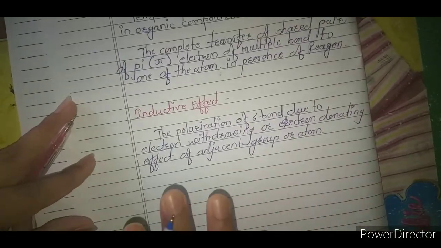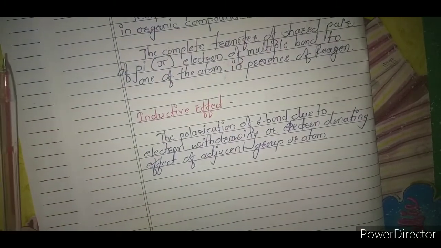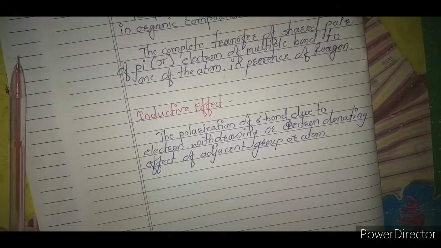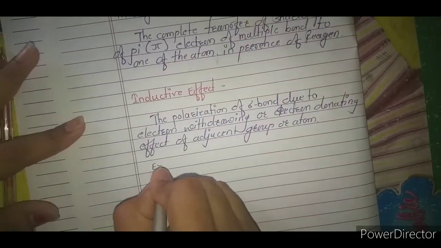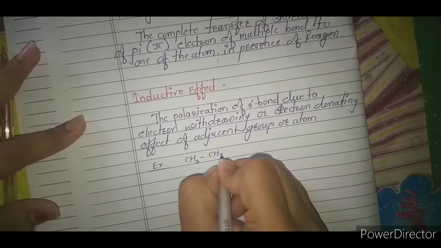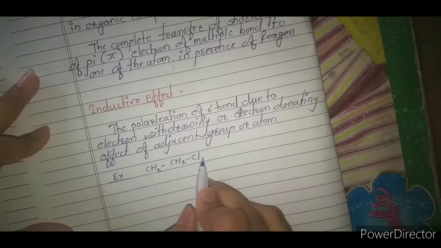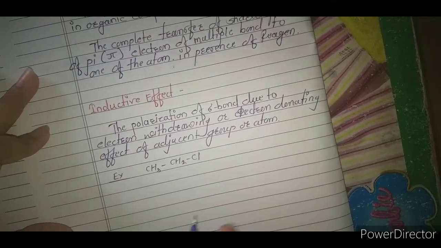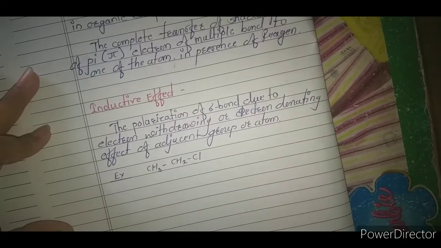So there are two types of inductive effect: positive inductive effect and negative inductive effect. First, take the example of the inductive effect. This is the example of your inductive effect. This chlorine is more electronegative than carbon.